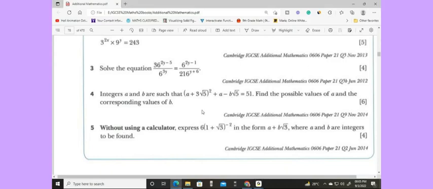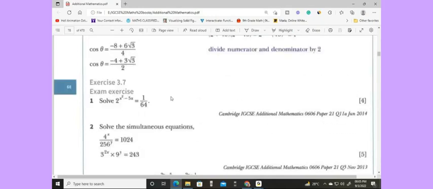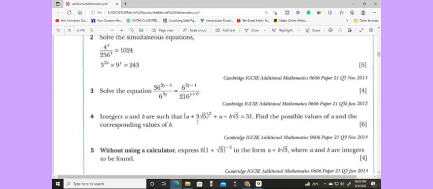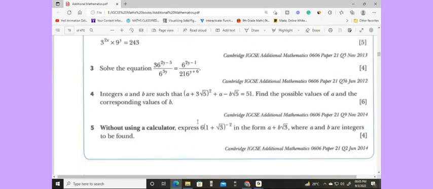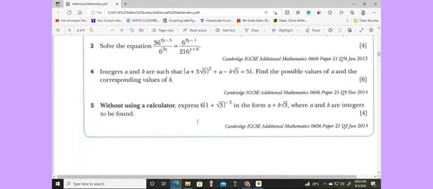This was the question where you got stuck, and this is the review or exam exercise of irrational equations, commonly known as surds equations. It's a 6-mark question from 2014, question number 9, paper 2-1.